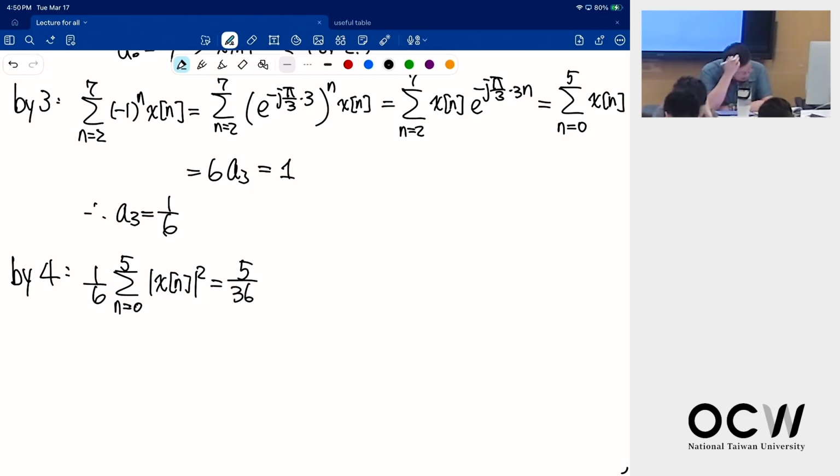This is equal to your coefficient squared.